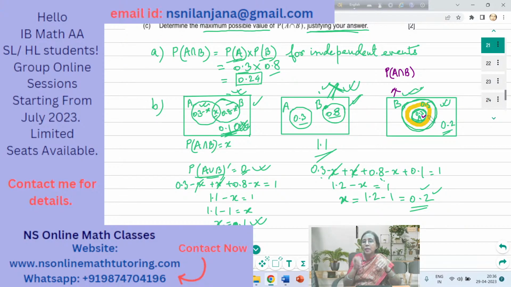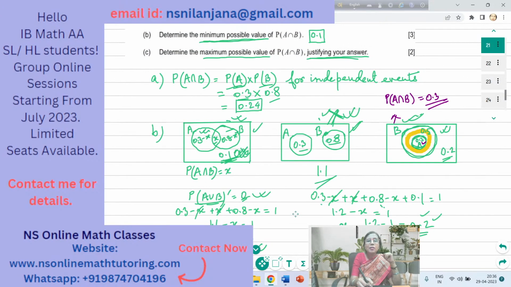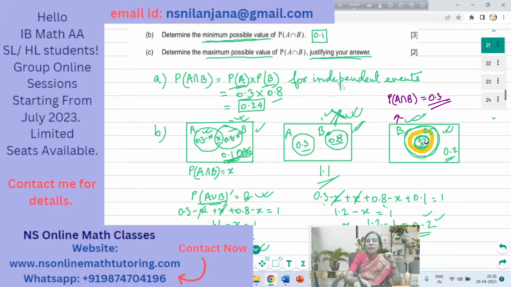It is inside B. Therefore, P of A intersection B is equal to P of A, which is 0.3. So this is the maximum value, and the answer to this part is 0.3.